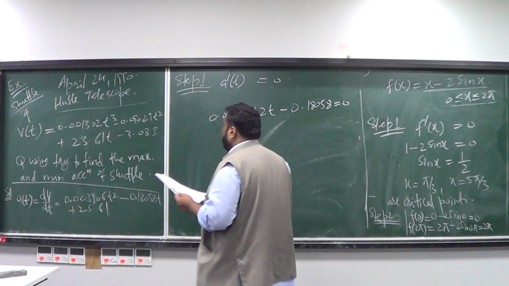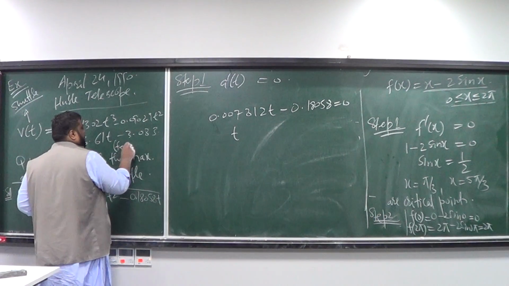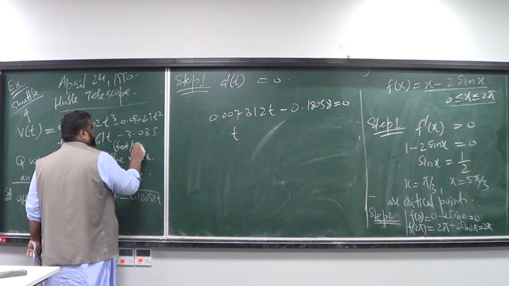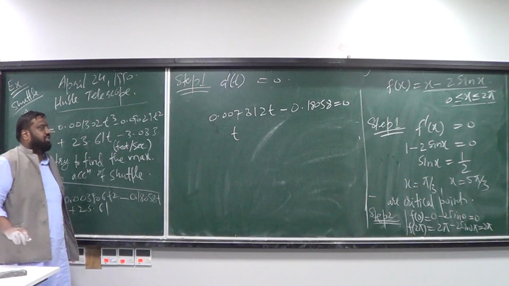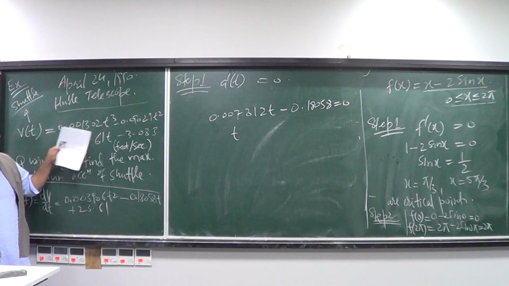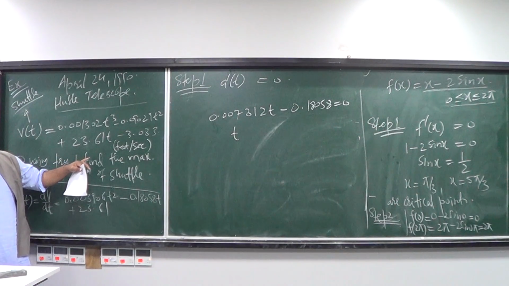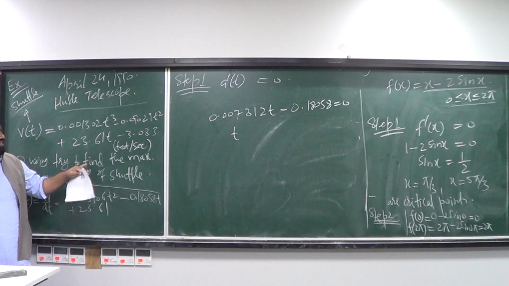By the way, I should say that the velocity is measured in feet per second. The time is going into the velocity, v of t, and the unit of the velocity is feet per second.